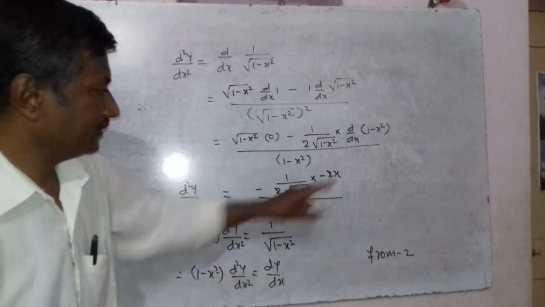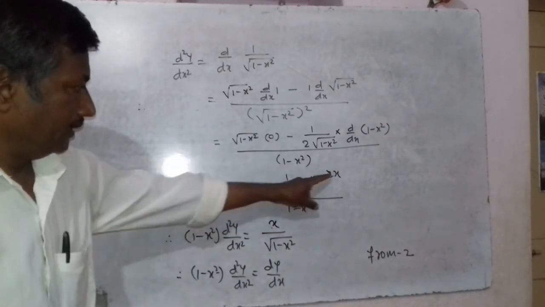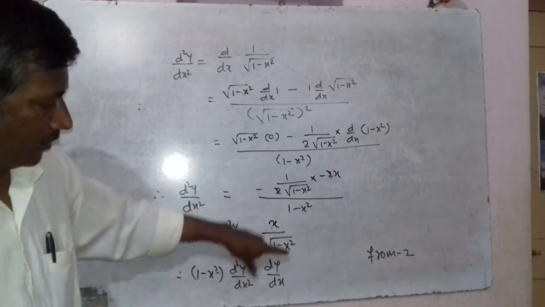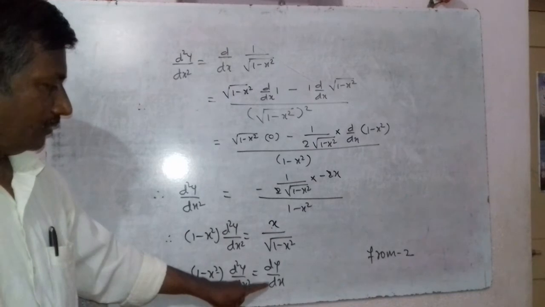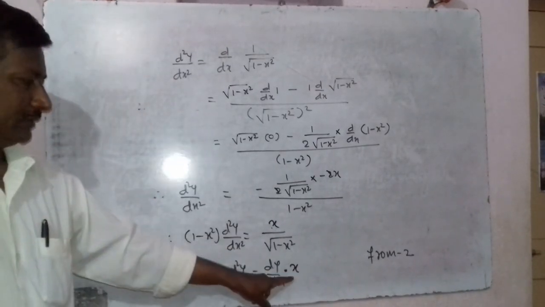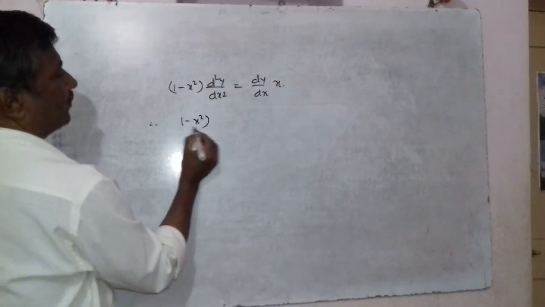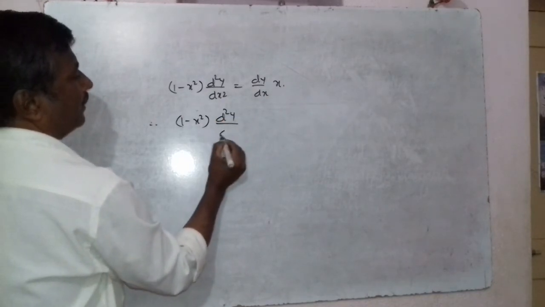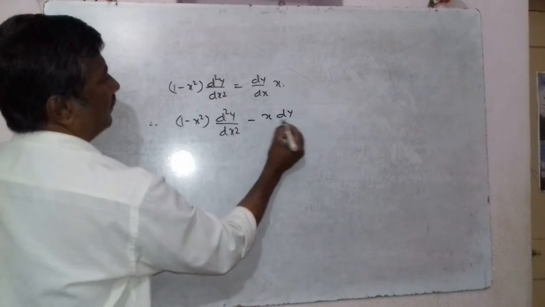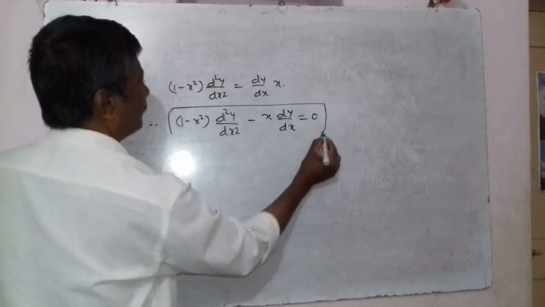So x is there, x divided by root of 1 minus x square, which is equal to dy by dx, into x, with x as it is. Therefore (1 minus x square) d square y by dx square, bringing this to the LHS, minus x dy by dx equals 0, as required.